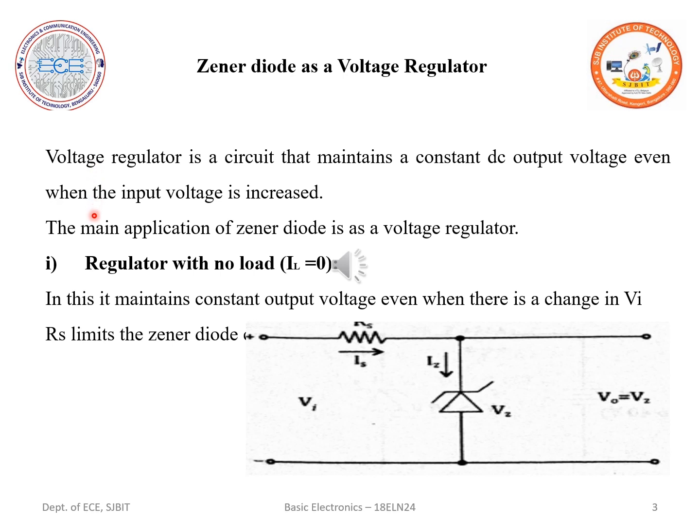A Zener diode is one where Zener breakdown happens whenever it is in the reverse bias condition. As we all know, whenever a diode is in reverse bias, there will be no flow of current.